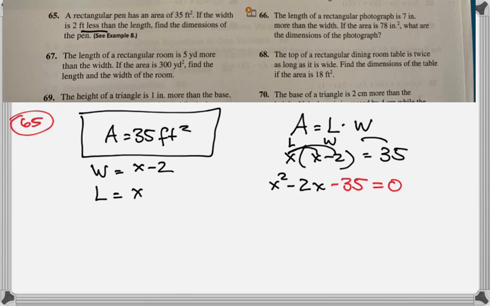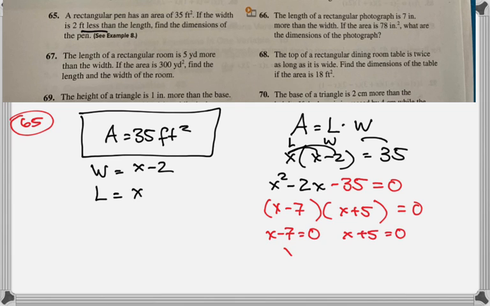We factored this problem about 5 minutes ago. That would be x minus 7 and x plus 5. So don't say it's prime. If you set each factor equal to 0, you get x equals 7 and x equals negative 5.